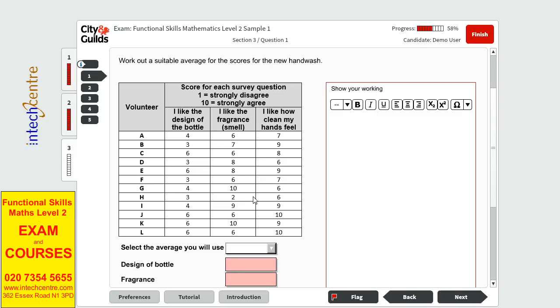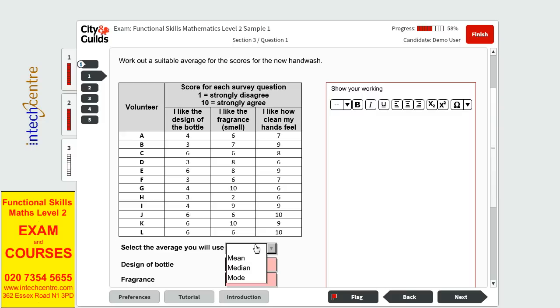Now in this case, all 3 averages would be suitable: mean, median, mode. Don't forget that the mean includes all the data, the median excludes the extreme values, and the mode looks at the most popular value. You will have a question like this in the actual exam.